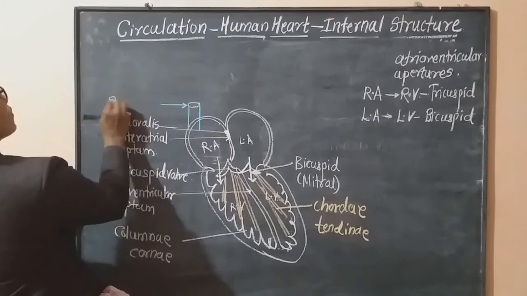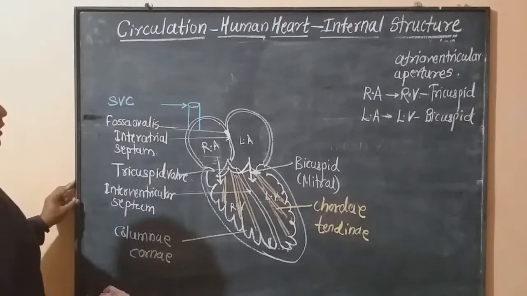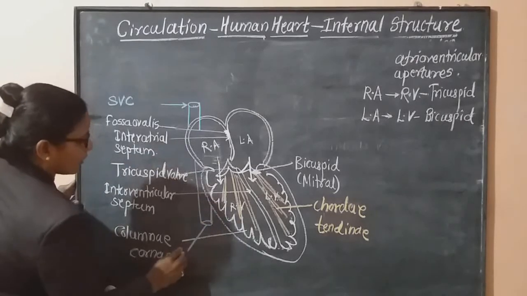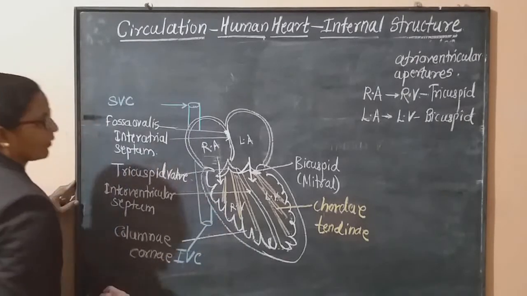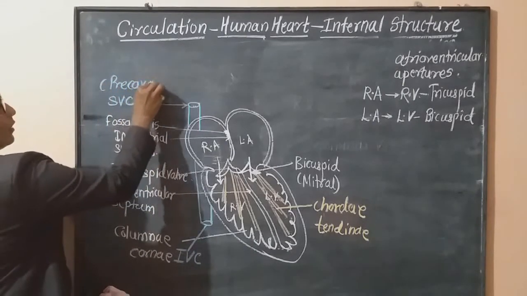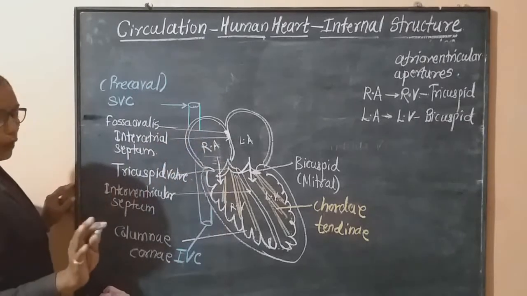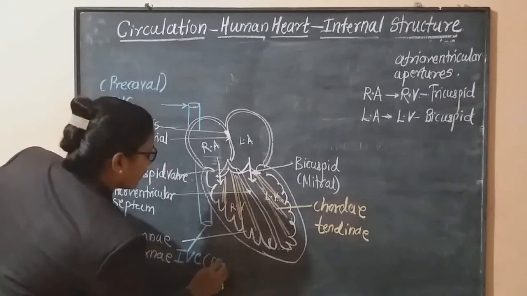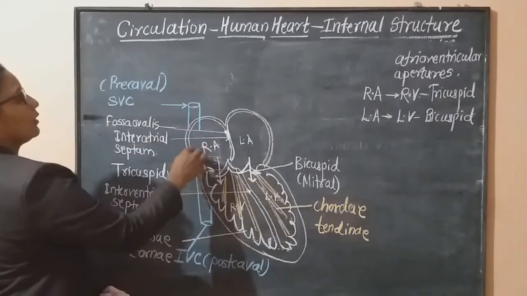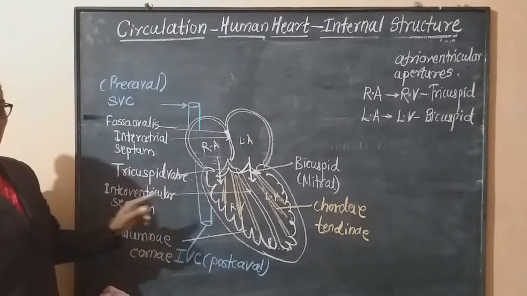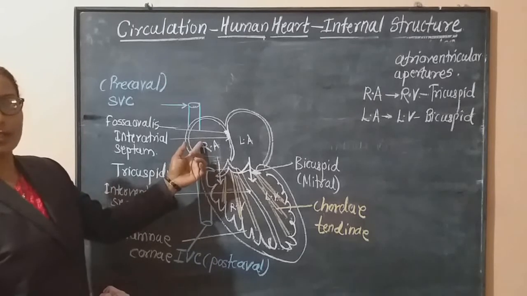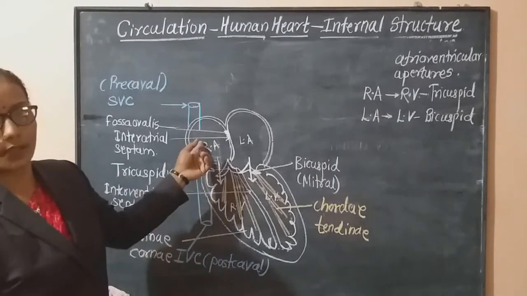This blood vessel is called the superior vena cava, and from the lower surface another blood vessel, the inferior vena cava, opens. The superior vena cava is also called the precaval, and there is no valve here. The inferior vena cava is called the postcaval, and a valve is present here, called the Eustachian valve. The coronary sinus which opens here is provided with the Thebesian valve.